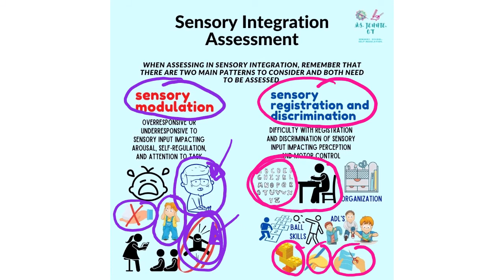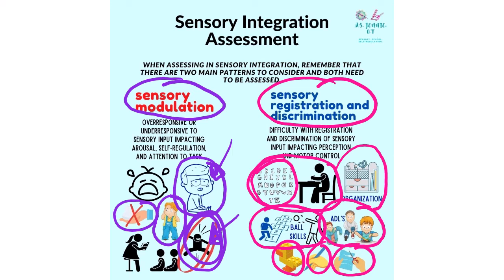And then in addition, these are your motor planning kiddos. So they might have motor planning difficulties with gross motor skills, or they might have motor planning difficulties with just whole body types of things, which ADLs are affected by. As well as just these are the kiddos that you see that have a difficult time with organization because they can't keep their materials together.